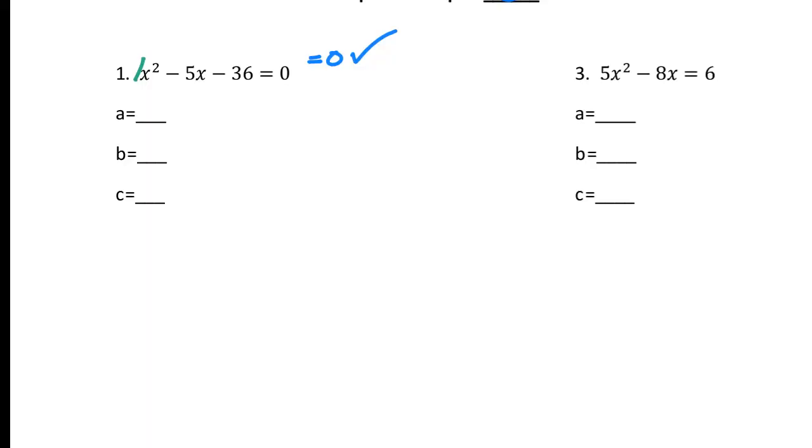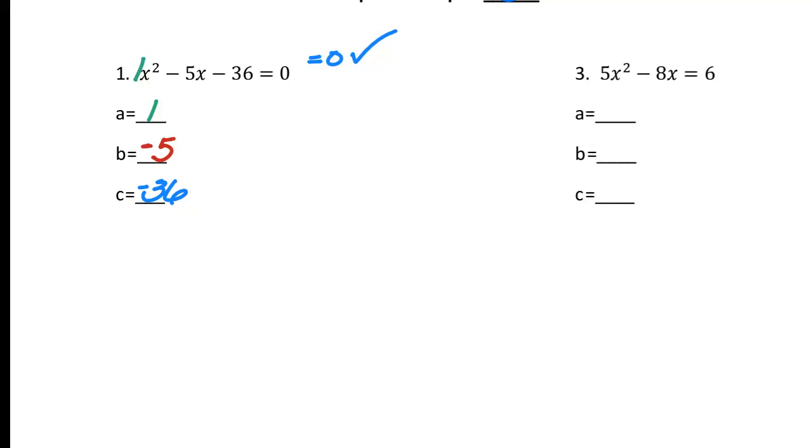Understood. So A, B, and C. A is in front of the x squared. B is in front of the x. C is the last. Very good. Yes. You want to try for C? Yes, because we got to look at the sign. Excellent. So A, B, and C.